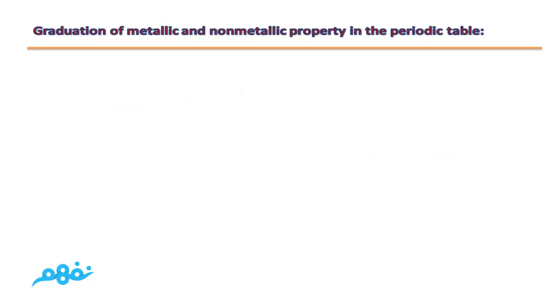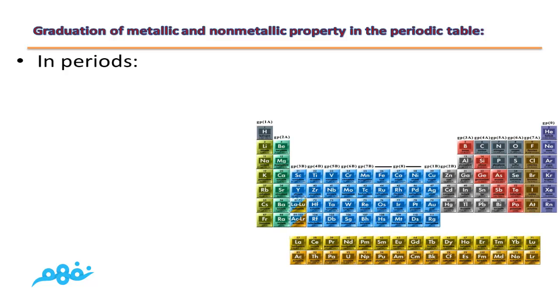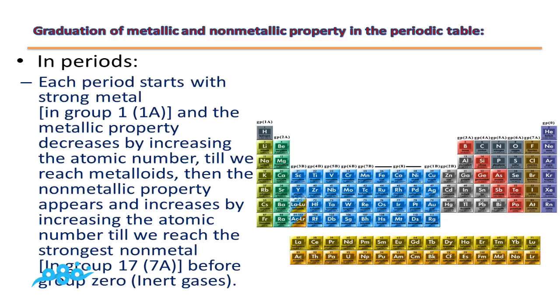Let's talk about graduation of metallic and non-metallic property in the periodic table. First, let's talk about them in periods. Each period starts with a strong metal in group 1A. Then the metallic property decreases gradually by increasing the atomic number, till we reach metalloids.